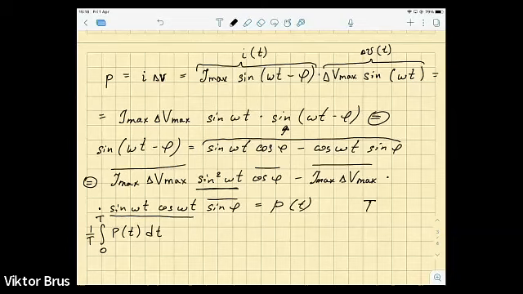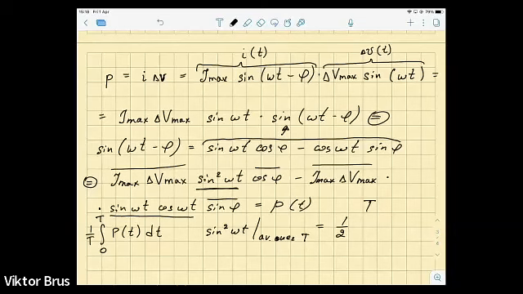So taking into account that the average value for sine squared omega t, averaged over the time interval equal to the period of the AC signal, is equal to 1/2. We already know this, and then we also need to figure out what will be the average of this product, sine omega t times cosine omega t.